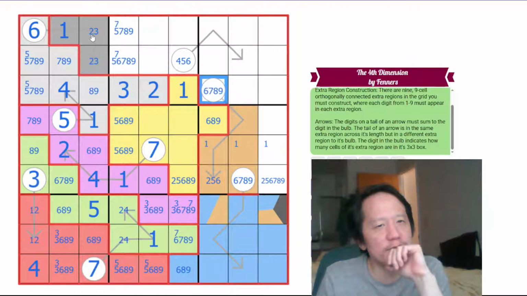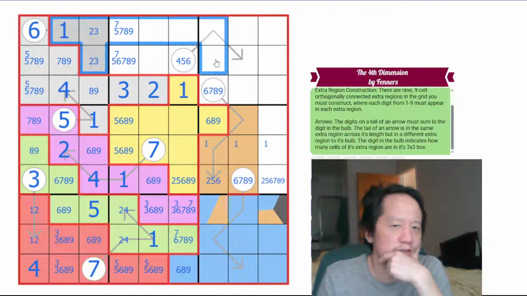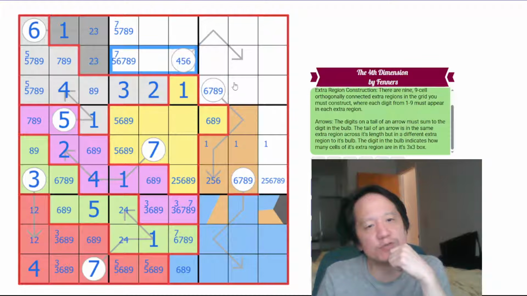Can this ever be medium? This cannot be orange because these are parts of different regions. Can this ever be medium? 1, 2, 3, 4, 5, 6, 7, 8, 9, but then this is a separate region. So no, this can never be medium.